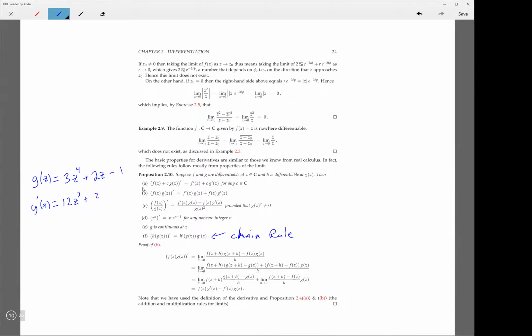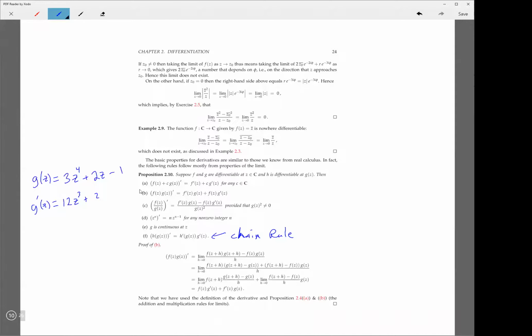That's when you can, and if it's in terms of z, and it's not something like z conjugate, because z conjugate probably is going to be something that's not differentiable. And it's not in terms of modulus, because modulus is also going to be something that's not differentiable at all.